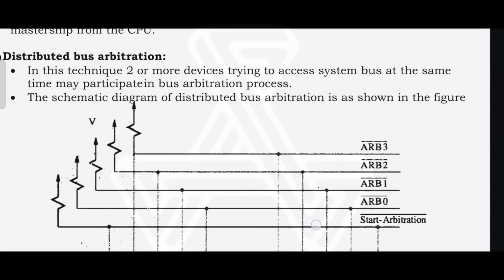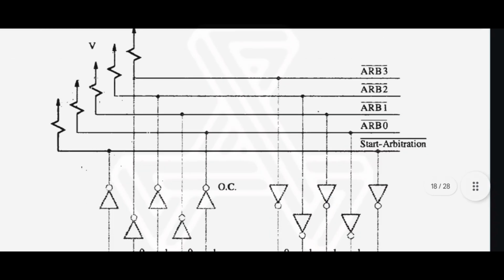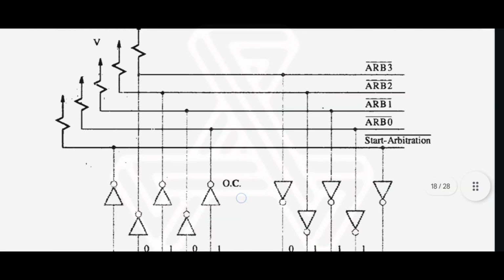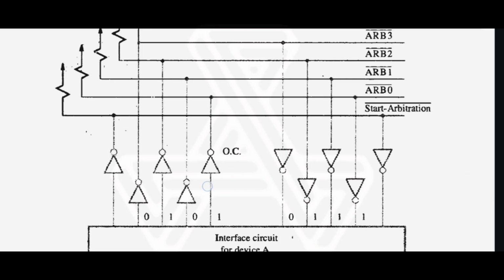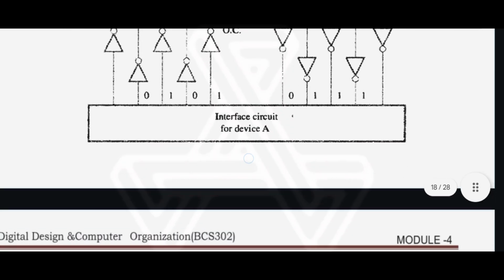The schematic diagram for distributed bus arbitration is as shown in the figure: the start arbiter, with lines R1, R0 to R3 connected to voltages and NOT gates, and the interface circuit for a device A.